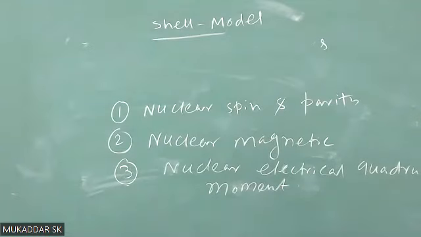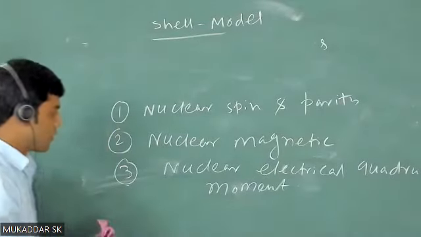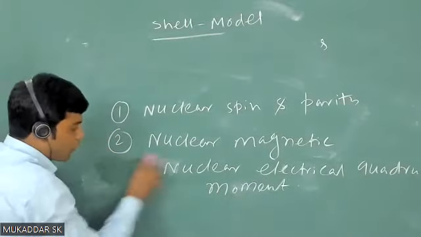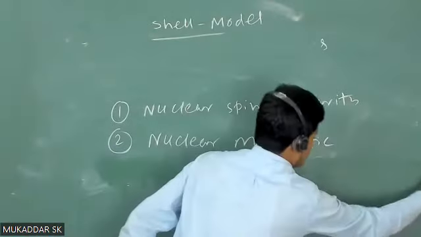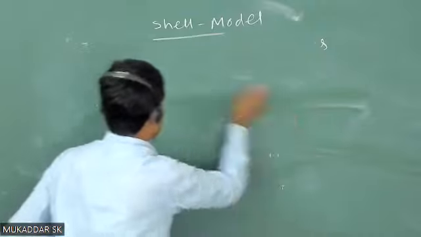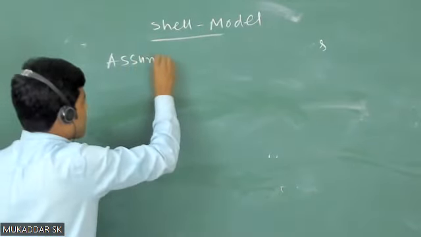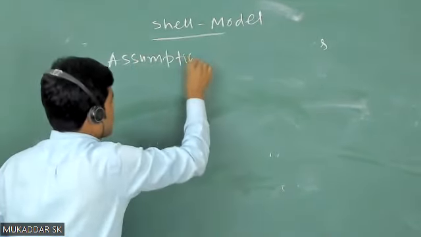So this model is based on two assumptions. Every model in nuclear physics is developed based on certain assumptions. And the same is true here also. There are two assumptions here.